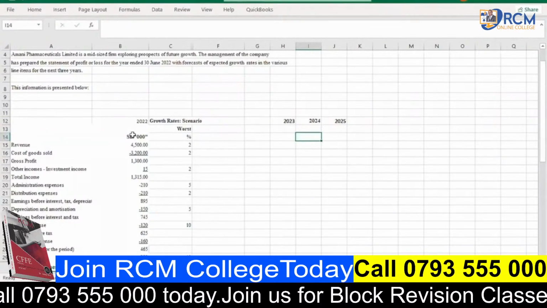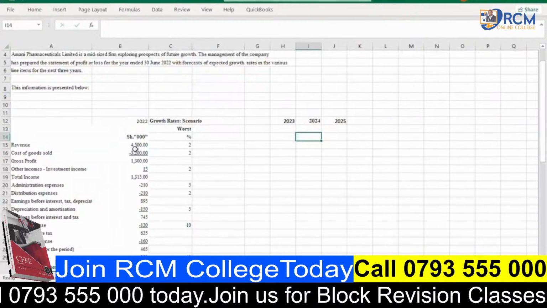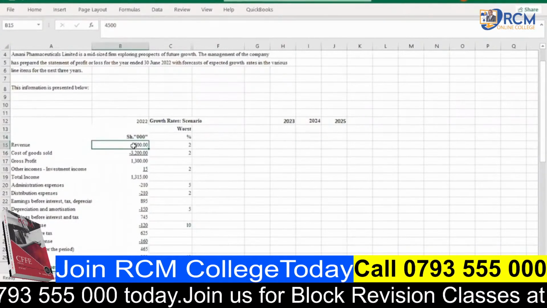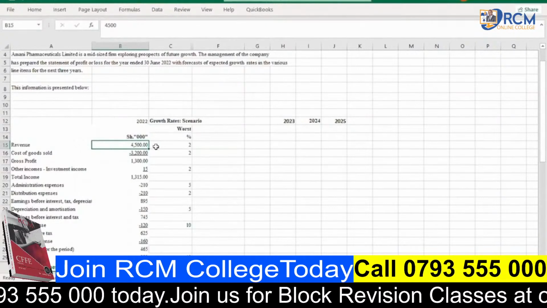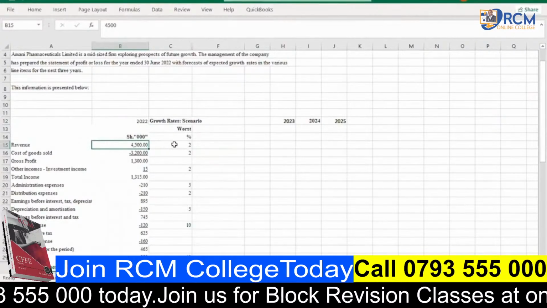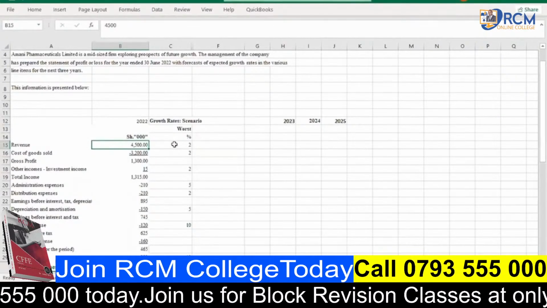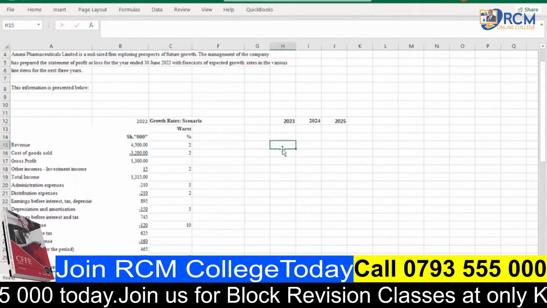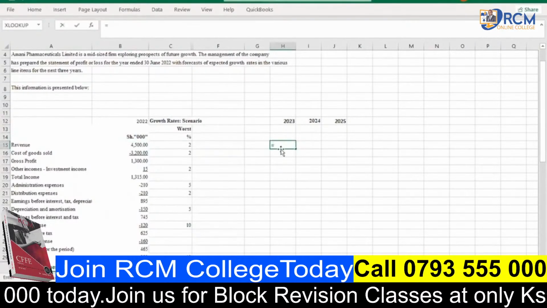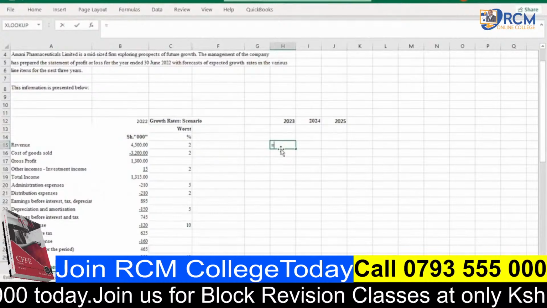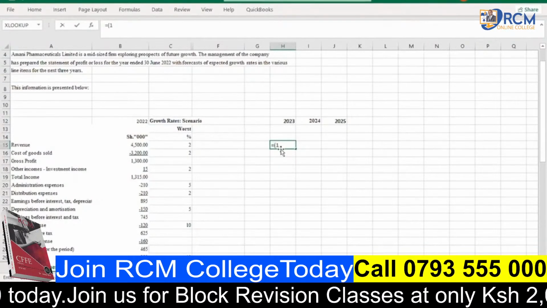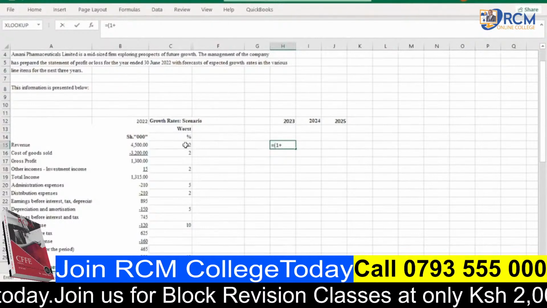So for 2022, revenue is 4,500. It is expected to grow or to increase by 2%. So revenue for 2023 is going to be equivalent to 1 plus the growth rate.